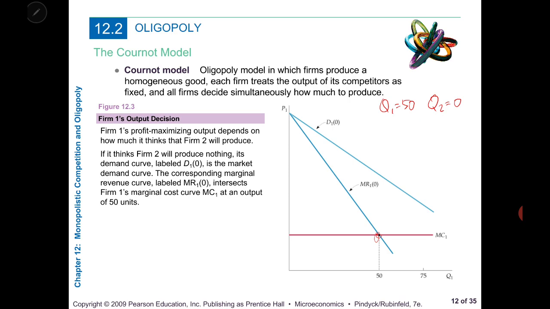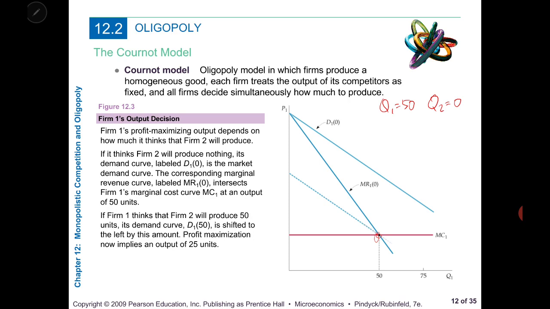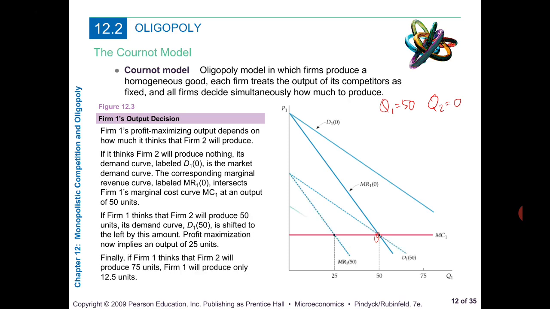Now, if they think that firm 2 might produce 50, then the demand curve for D1 will shift downwards to the left. You'll get these dotted lines, and with this dotted line, the MR will meet MC at 25. So Q1 will be 25.